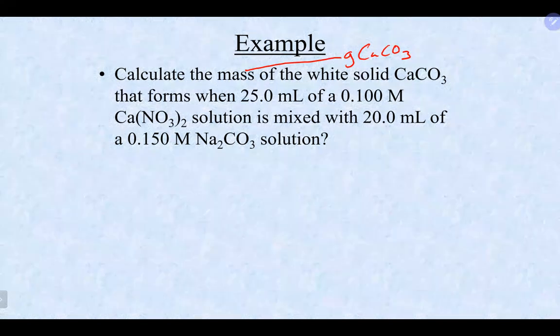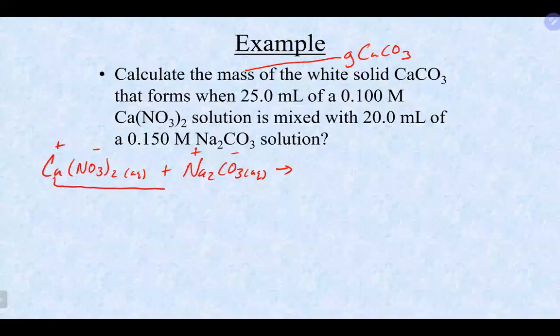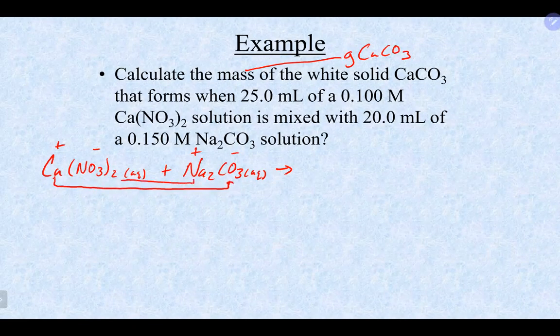We're taking calcium nitrate and reacting it with sodium carbonate. Once again, you should be able to look at this and see a positive, negative pair, which means this is a double displacement reaction, which means the two positive ions should switch partners.